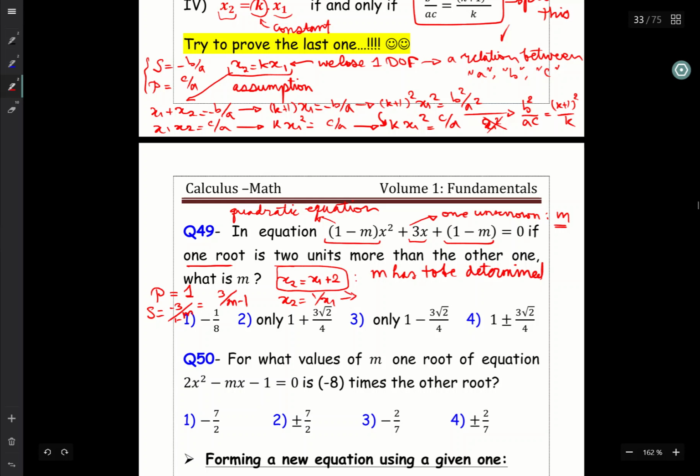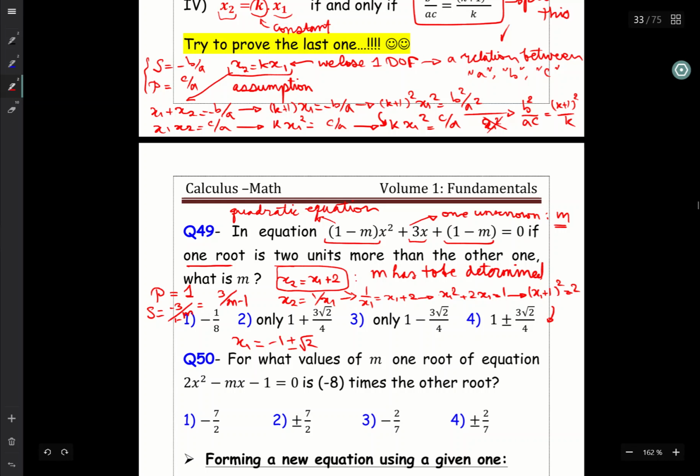You substitute, you create another quadratic equation for x1. So 1 over x1 is x1 plus 2. Therefore, x1 squared plus 2x1 is 1. Make it a complete square. (x1 plus 1) squared is 2. Therefore, x1 could be either minus 1 plus square root of 2 or negative 1 minus square root of 2, okay?